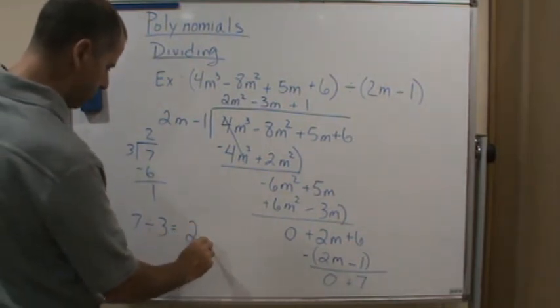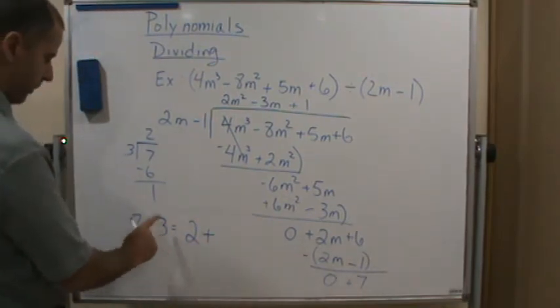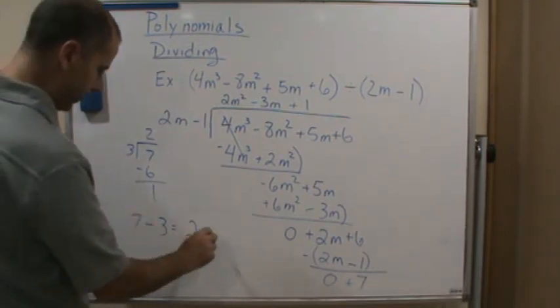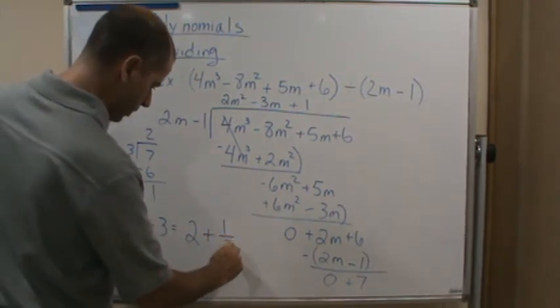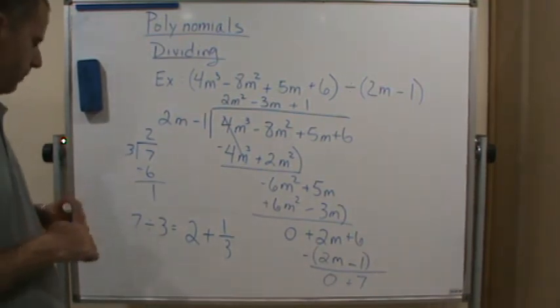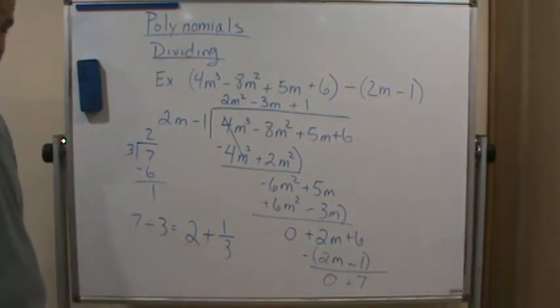I get 2 plus what? What's the remainder? 1 divided by 3, right? It's 1 divided by 3. So I get 2 plus 1/3. That's what I wanted to write down. Okay, so what's the answer? 7 divided by 3 is 2 plus 1/3.